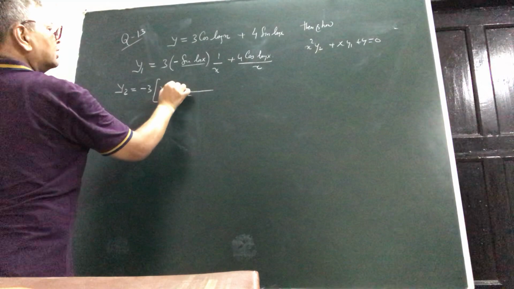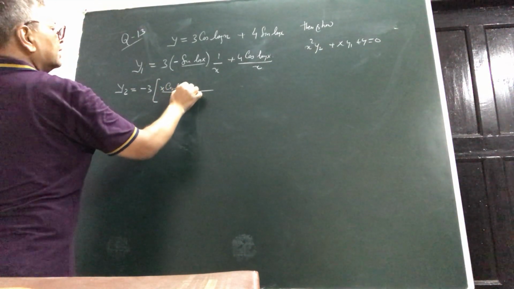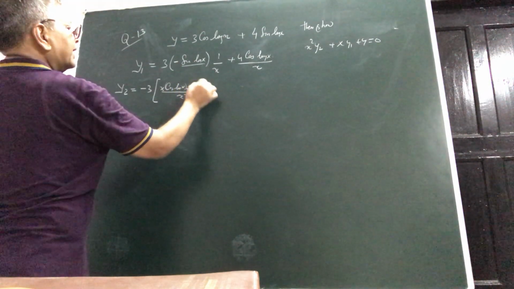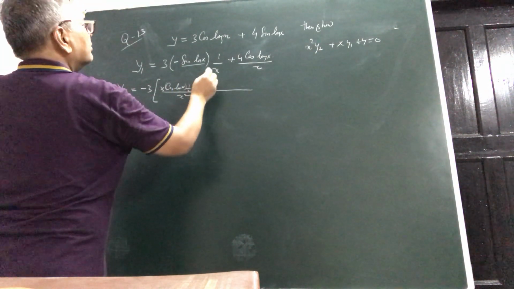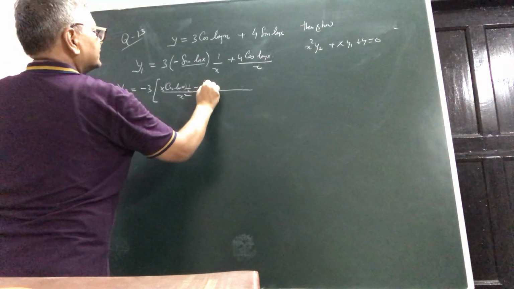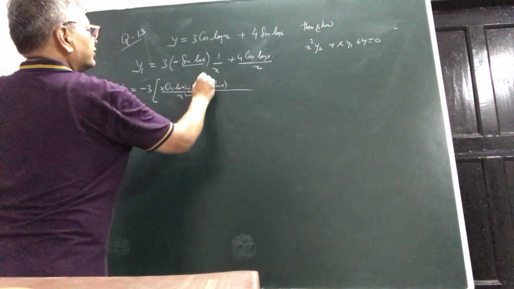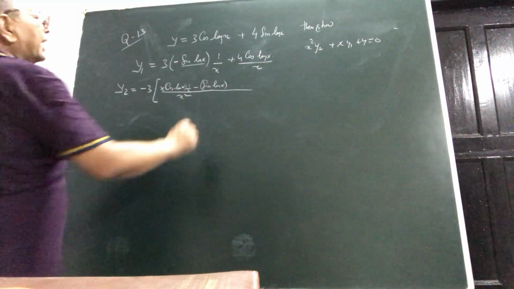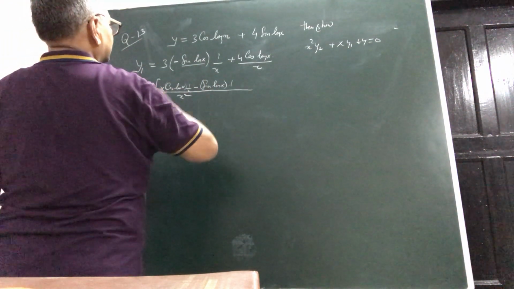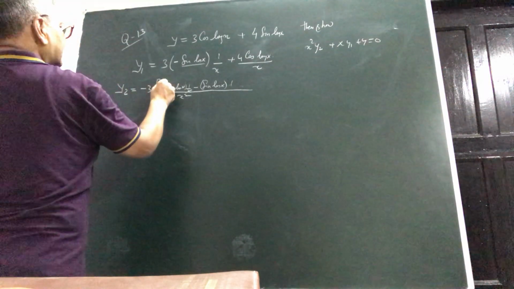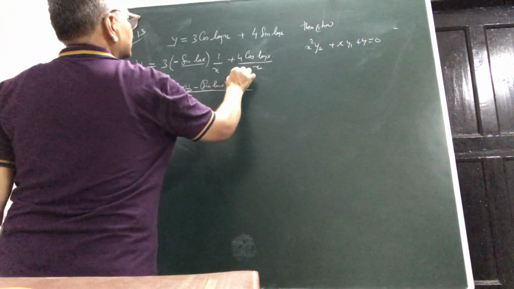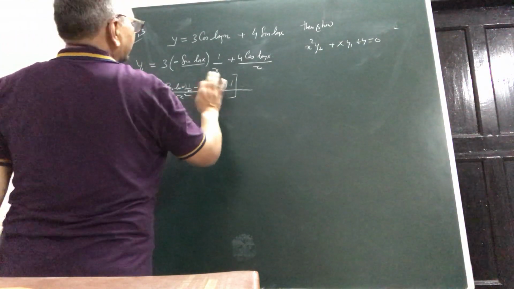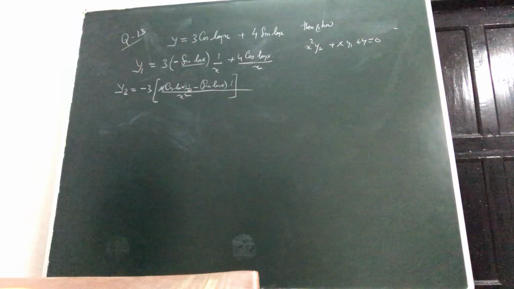The numerator is cos log x, and the derivative of log x is 1 upon x, and then minus sin log x, that is numerator into derivative of denominator, and the denominator is x, so its derivative is only 1. So this is all about the derivative of this thing. So this much of a thing you will get, okay.